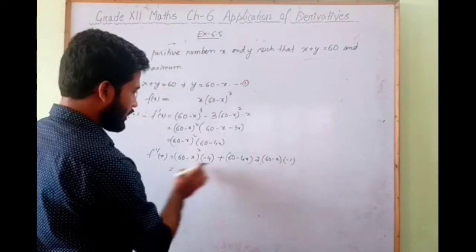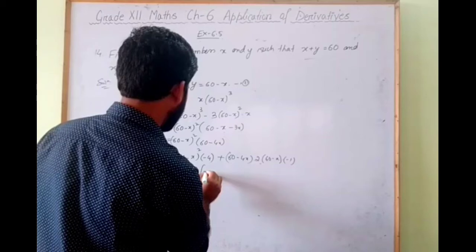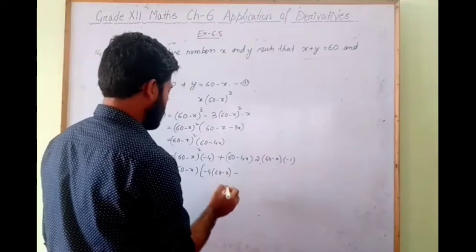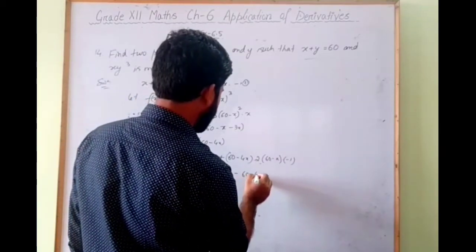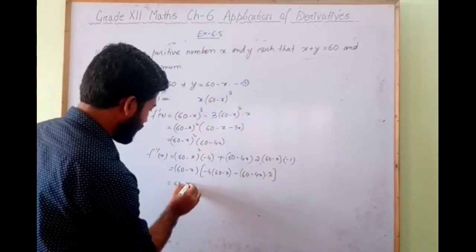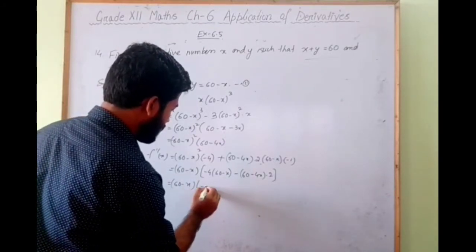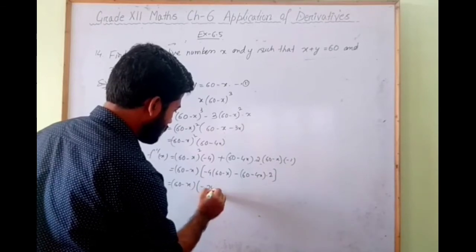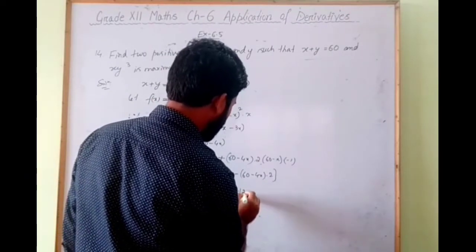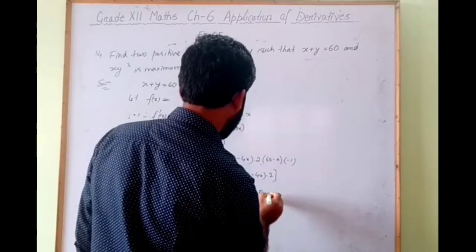Now take 60 minus x common from both sides. So it will be minus 4 into 60 minus x minus 60 minus 4x into 2. So this will give us 60 minus x into, here it will be 24 plus 4x minus 120 plus 8x.